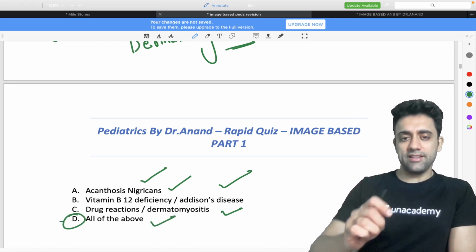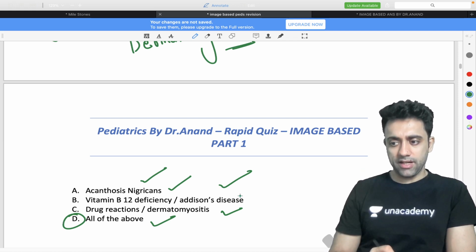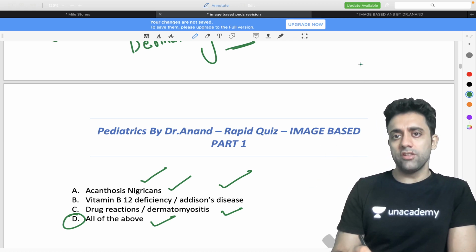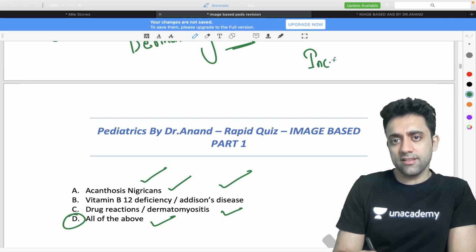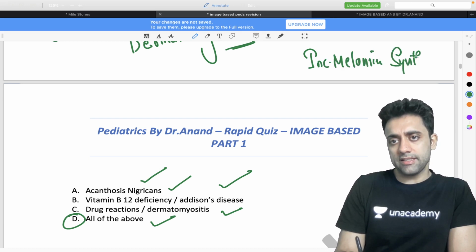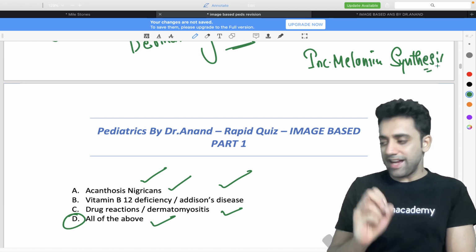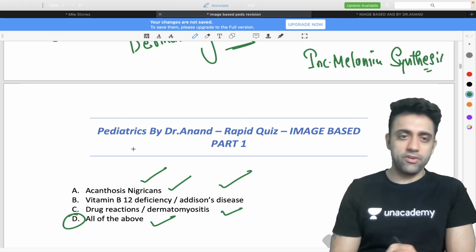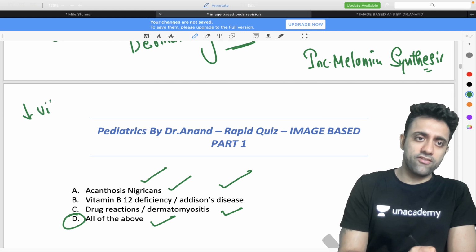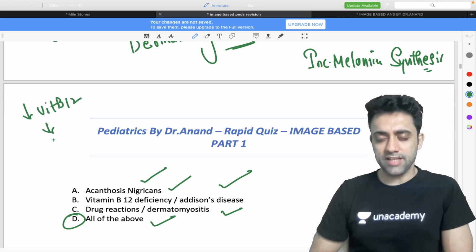Why do you get these hyperpigmented knuckles? What is the rationale? There is increased melanin synthesis. Naturally, whenever there is increased melanin synthesis, you will see hyperpigmented knuckles.